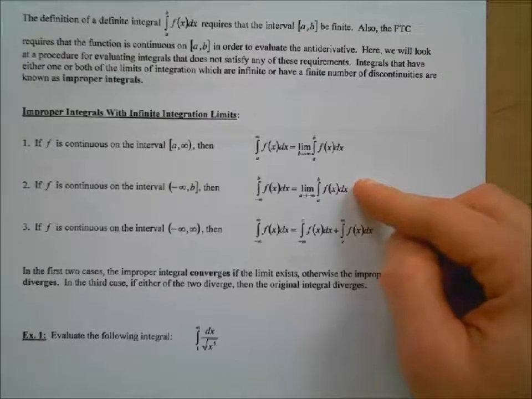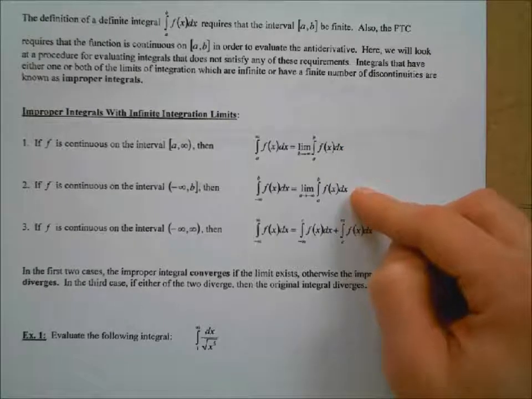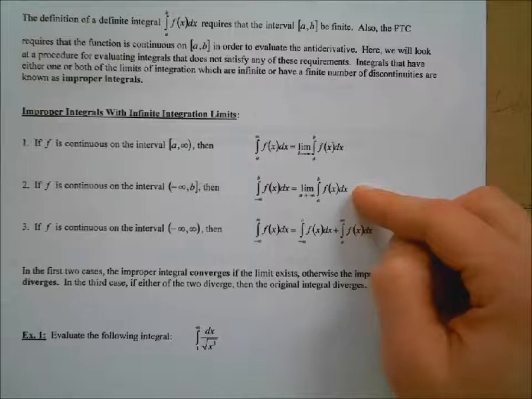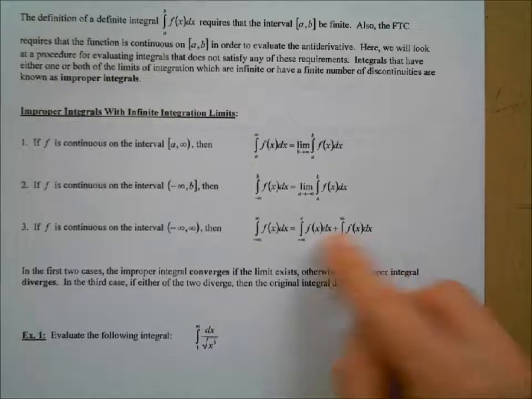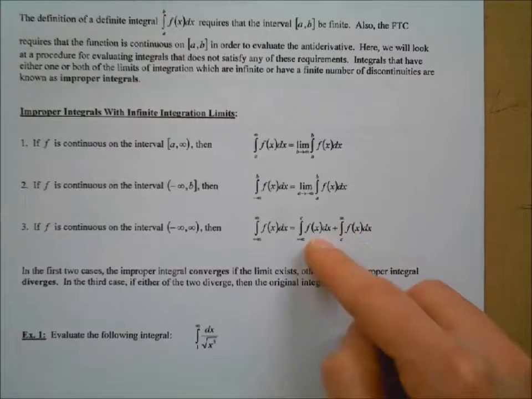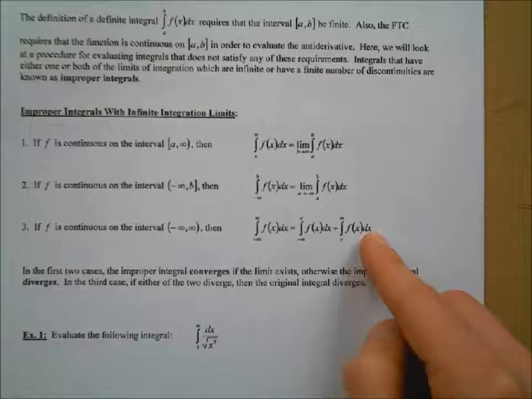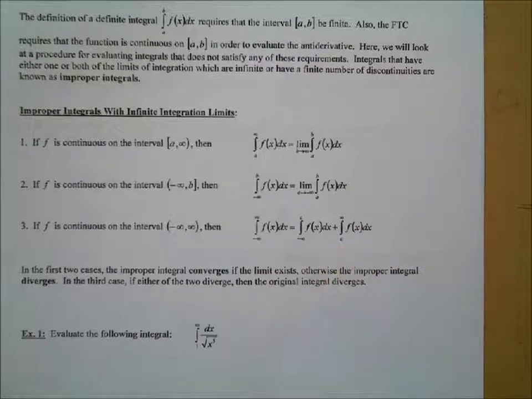If any of these go to infinity, though, then we say this diverges, which means the limit goes to infinity or negative infinity. Likewise here, if just one of these diverges, the whole thing diverges, because if you have one thing that equals infinity and you add a finite number to it, the overall value is still infinite. So that's the idea.